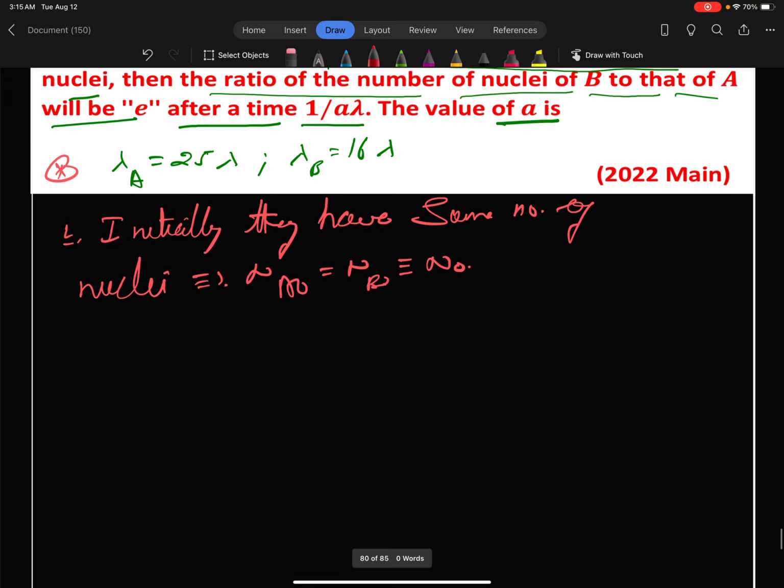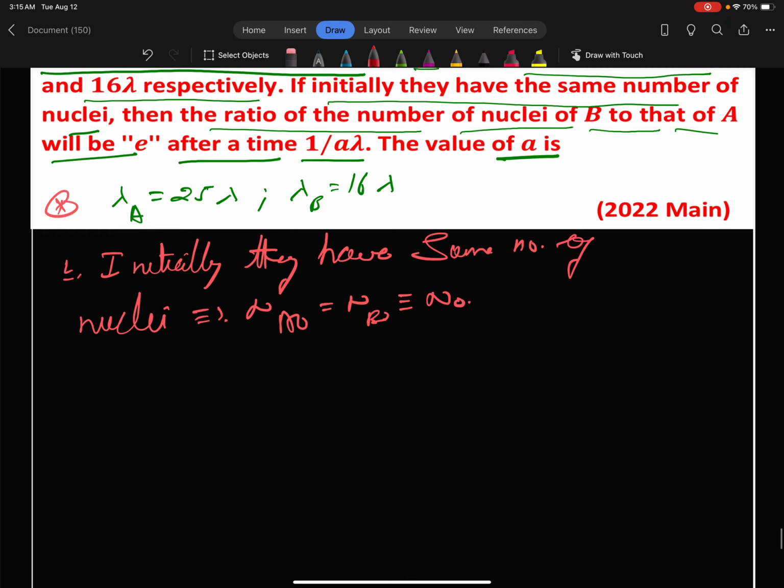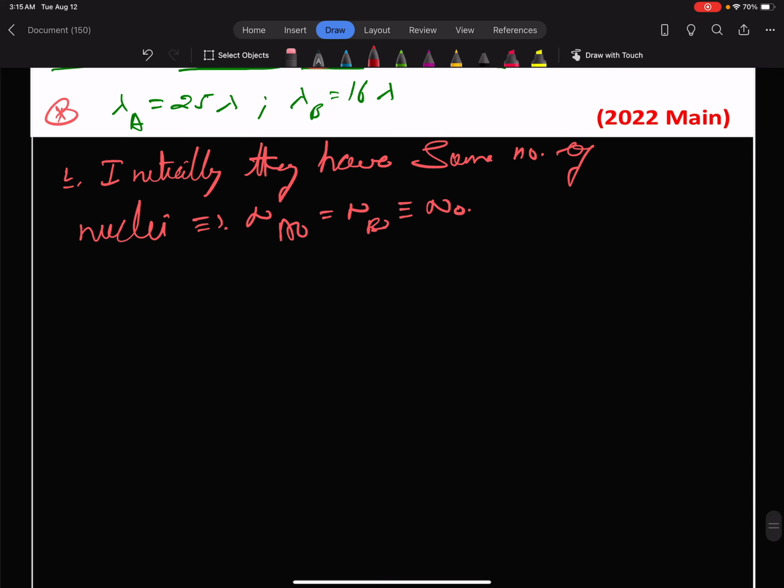And after time t is equal to 1 upon A lambda, the ratio of Nb to Na is given as e.